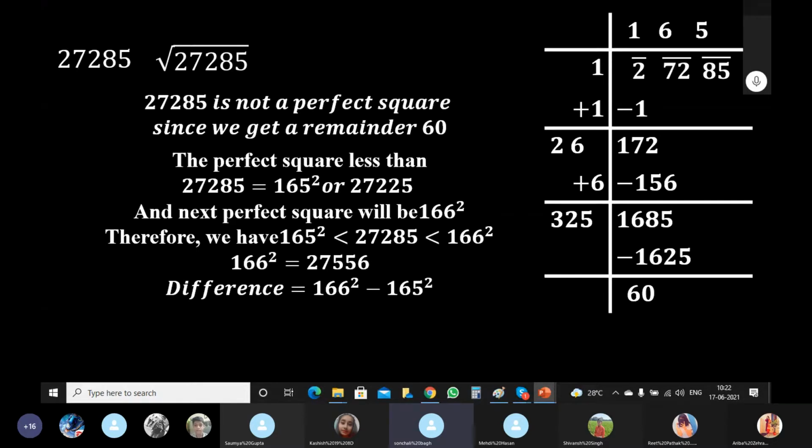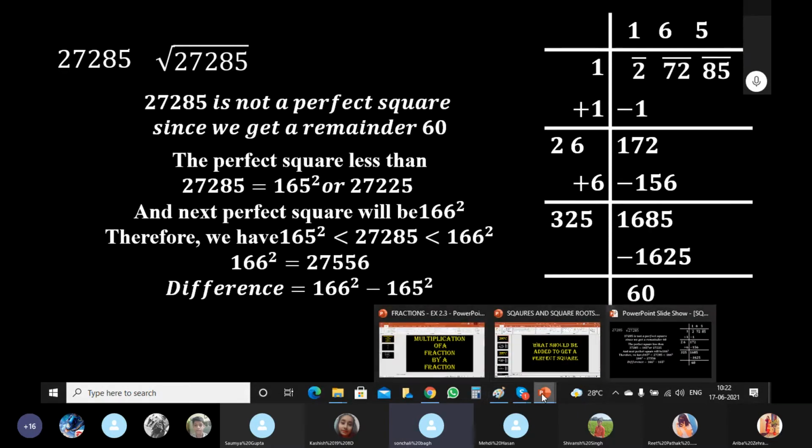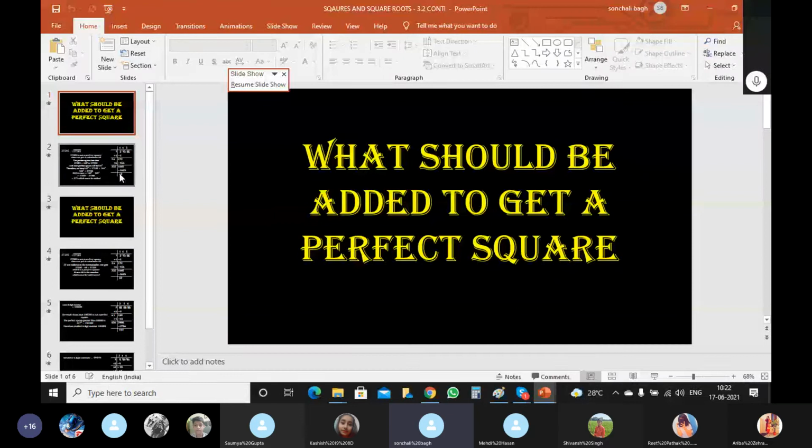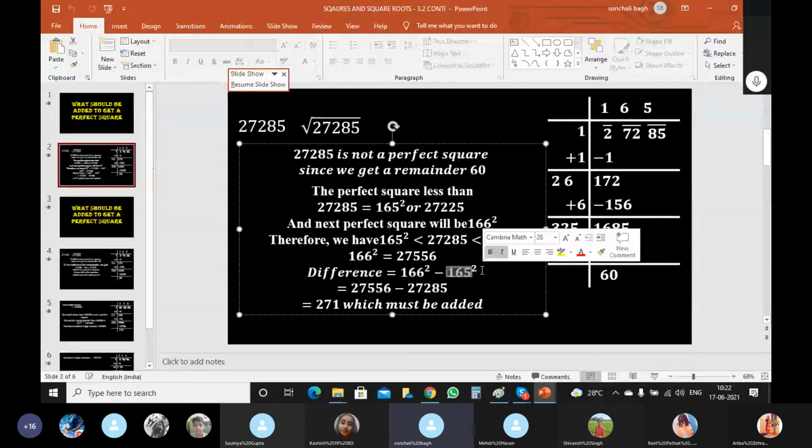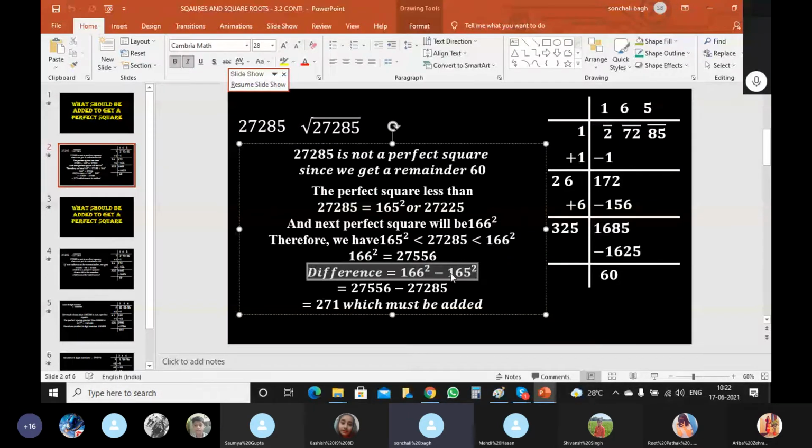Sorry, I have written a mistake here. The difference should be 166 squared minus 27285. Am I clear? Yes, ma'am. So how much is it?